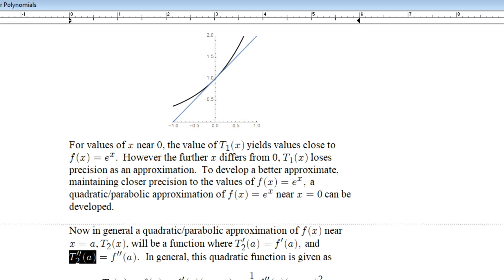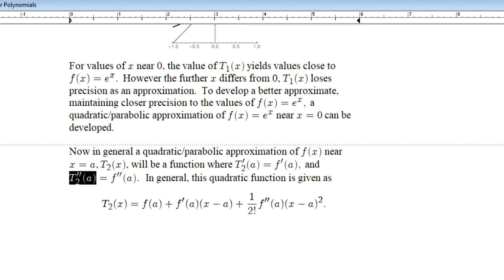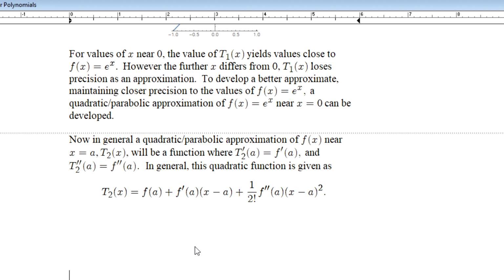Remember, second derivatives of a function describe concavity of a function, going back to applications of differentiation in Calculus 1, Chapter 4 material in our book.